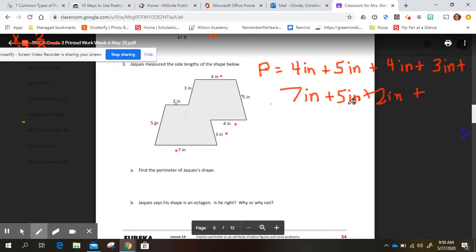And that's this one, plus 3 inches. And if I add all those sides together, it'll give me the perimeter.